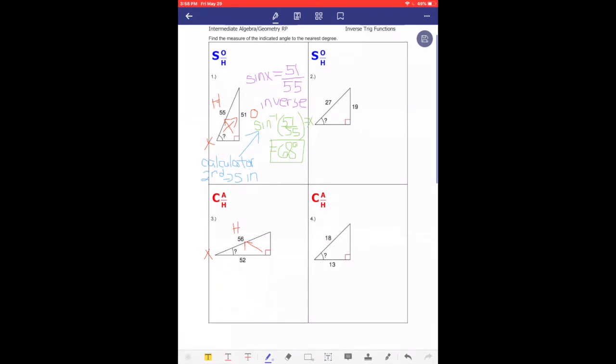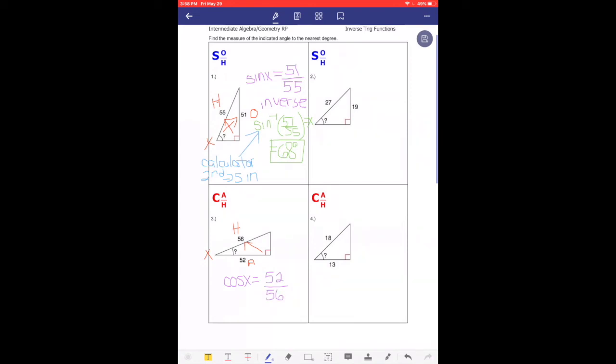And then that leaves 52. 52 has to be the adjacent because it is next to the x and it's not the hypotenuse. Now we're going to set up our equation. Cosine of x equals adjacent over hypotenuse. My adjacent was 52 and my hypotenuse was 56.